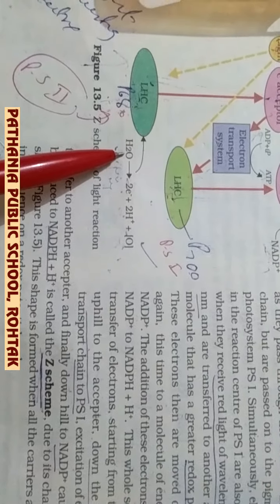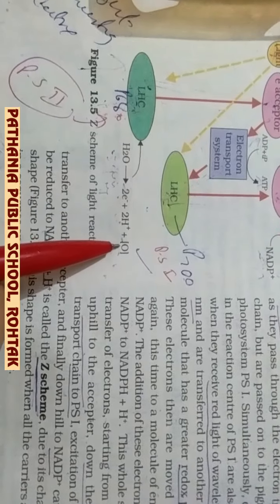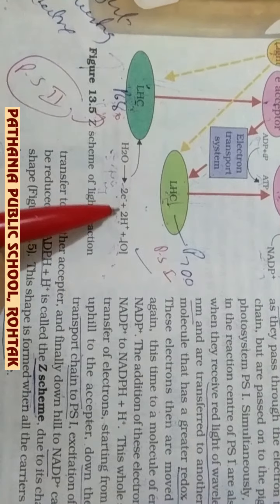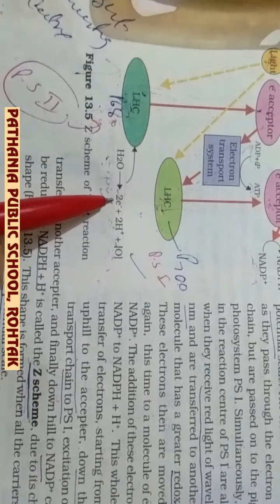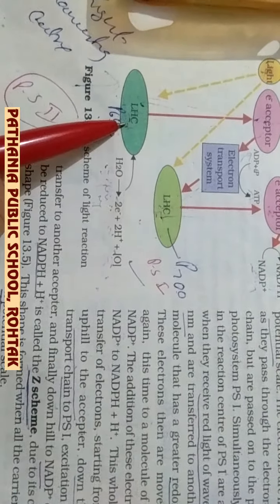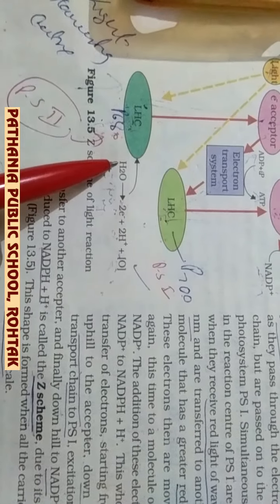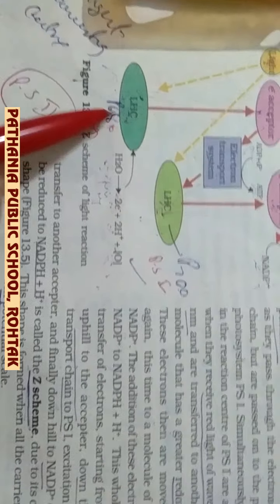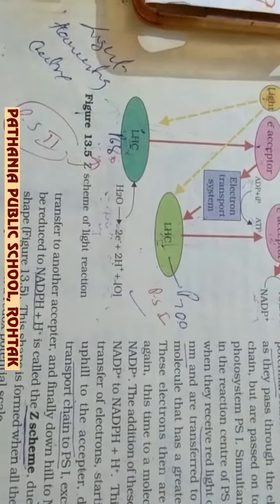Once water is split into hydrogen and oxygen, simultaneously two protons and two electrons are formed. These electrons will now go back to the pigment system through the electron acceptor. They will be transmitted to P680 and make it stable.